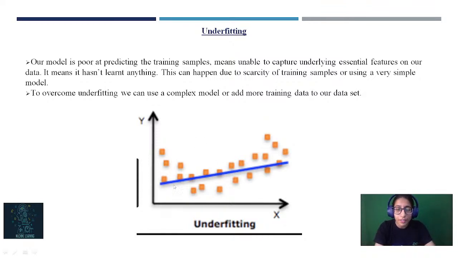For underfitting, we use two variables, x and y. One is dependent, one is independent. You can change the axis also, and after that we need to figure out what the clear data is. Suppose the upper one is apples and the lower one is grapes.